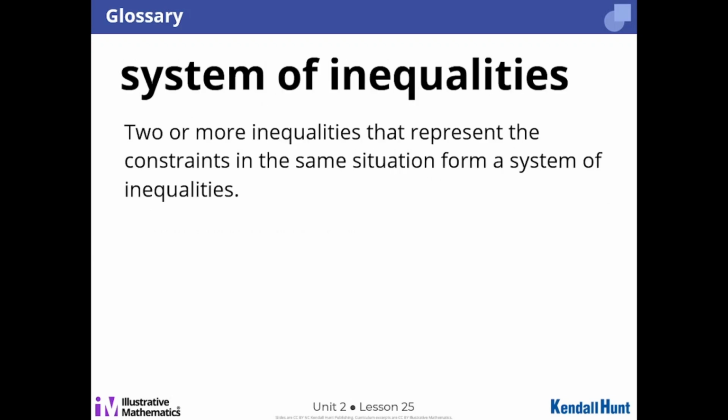Our next glossary term is system of inequalities. Two or more inequalities that represent the constraints in the same situation form a system of inequalities.